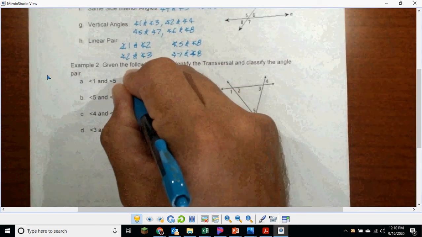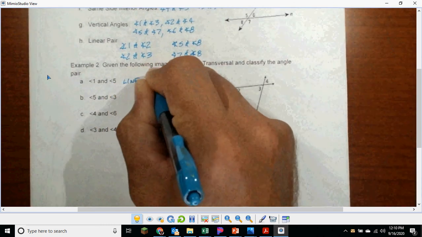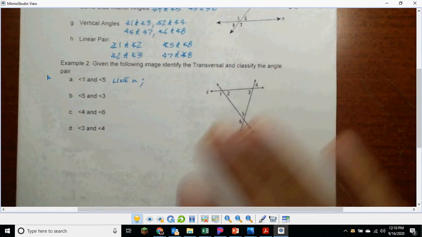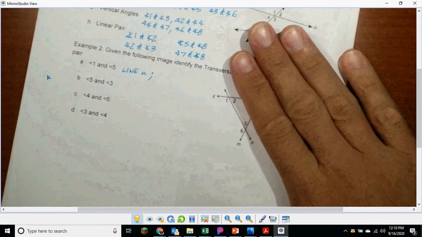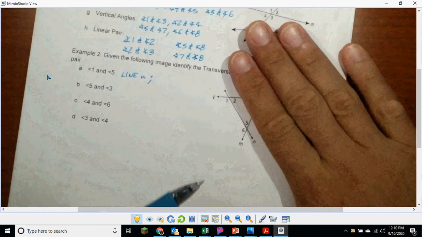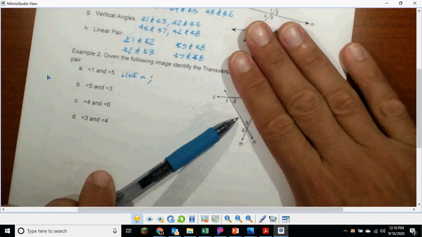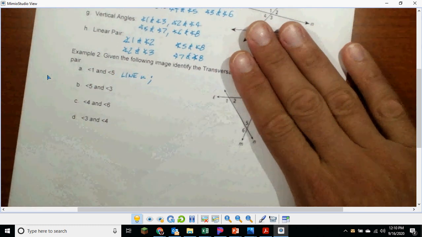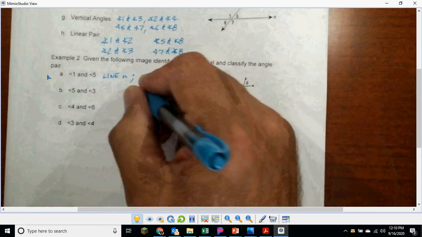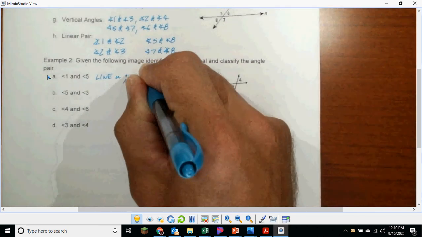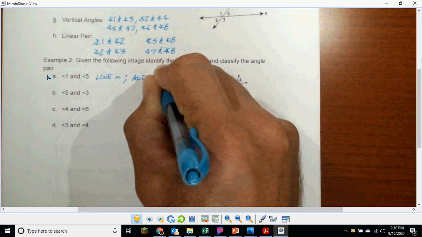So line N is my transversal. And what type of pair have I got? Again, looking at 1 and 5, I can see that they are both inside the two lines, and they are on alternate sides of N. So that's alternate sides of the transversal. So these are alternate interior.